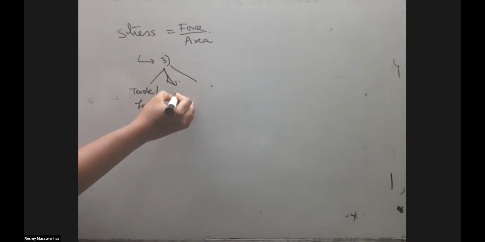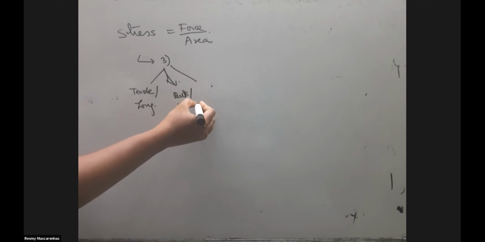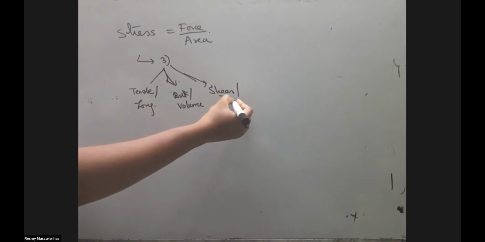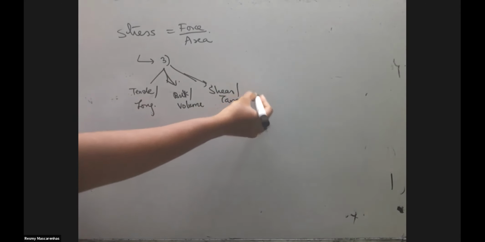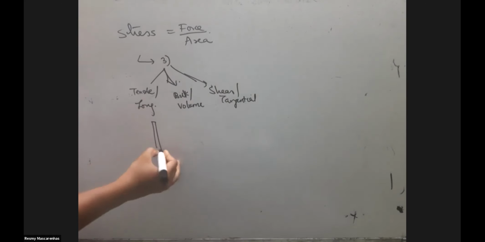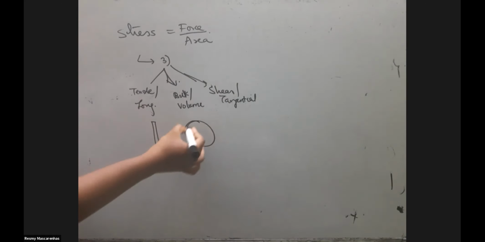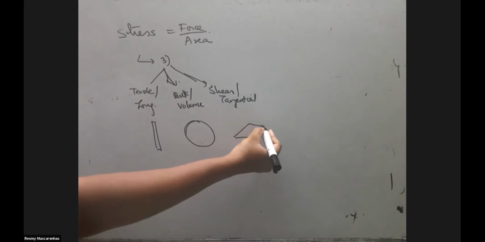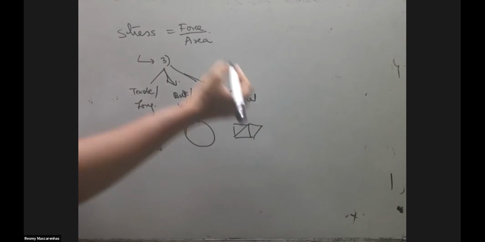The next one was the bulk or volume stress. The third one was shear stress or tangential. This was related to the length. This was related to the volume. This was a shift from the original.